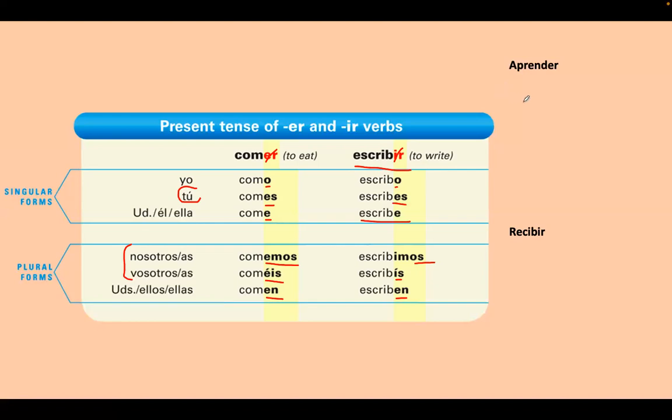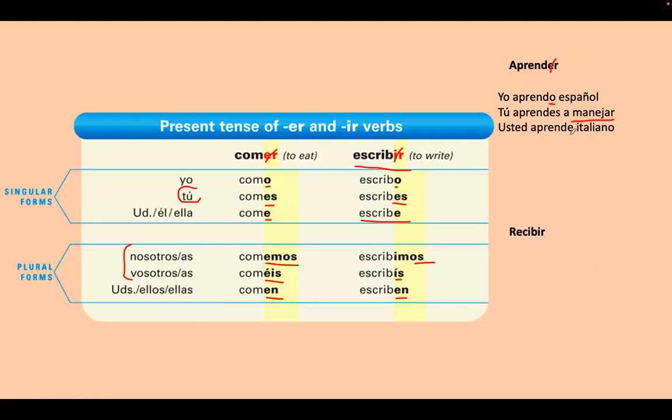Okay, so you took your time, you paused the video. Now, yo aprendo español, ¿cierto? You drop these letters and then you have O. Tú aprendes, tú aprendes a manejar. Manejar is to drive. Usted aprende italiano.